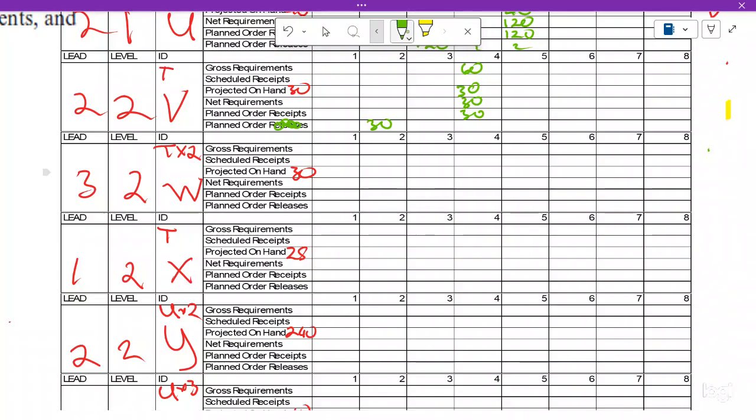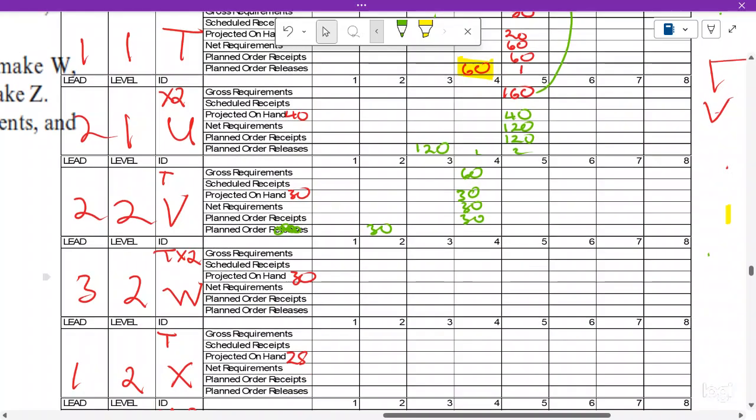So this one, which is W, feeds from T, and it becomes times 2. Where's our T? There's our T there. It's going to feed W. Then it becomes times 2, 120, isn't it?